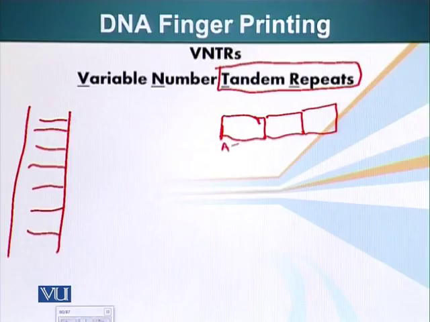Let's make a sequence here. AT, ATT. This is just an arbitrary sequence. This sequence is repeated 3 times in the diagram I have made. These sequences are repeated a variable number of times at different locations. Now please keep in mind that this sequence is also present here.